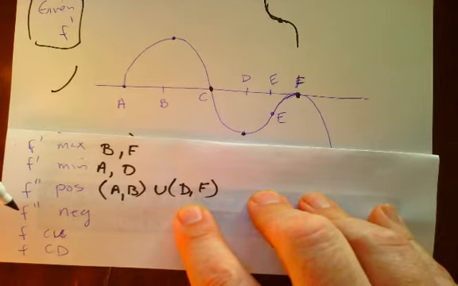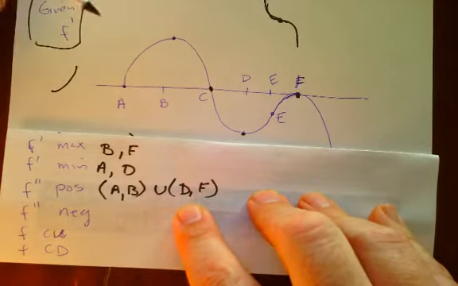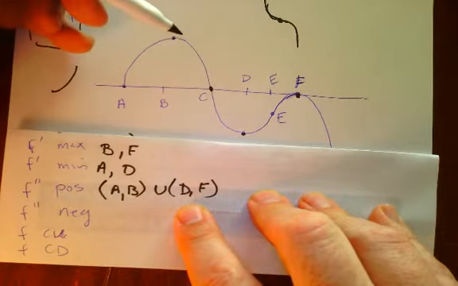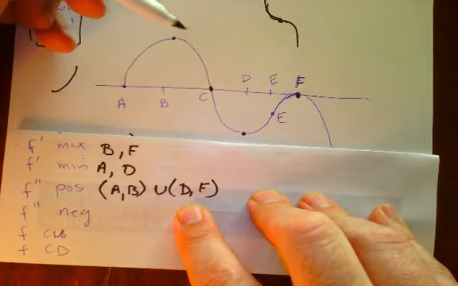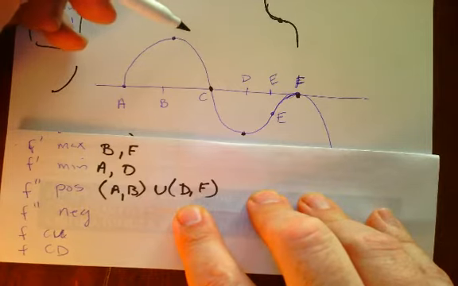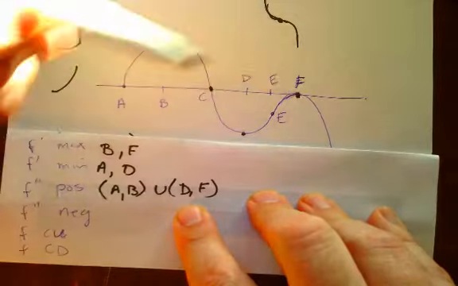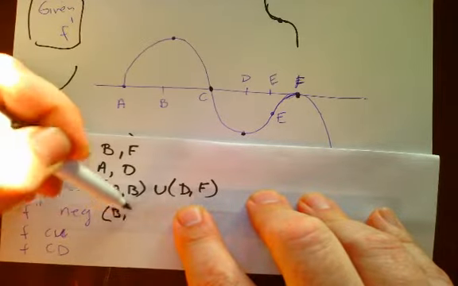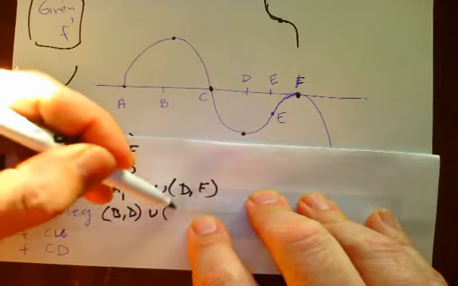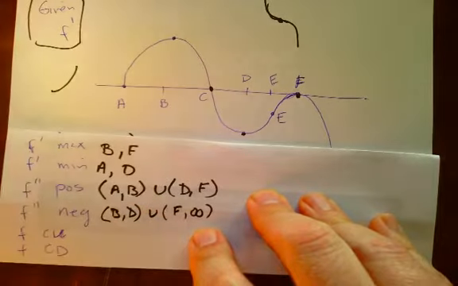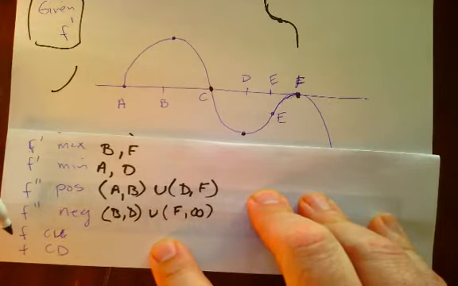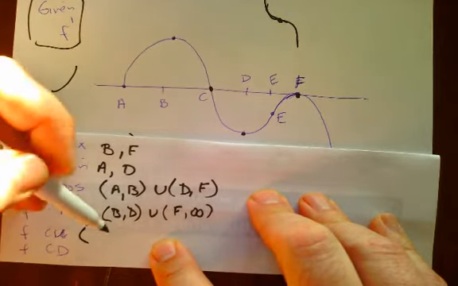So those are places where f double prime would be positive. Now we're asked about f double prime being negative, and f double prime is negative when f prime is decreasing. And we said f prime would be decreasing from B to D and from F on. So B to D, union F to infinity.